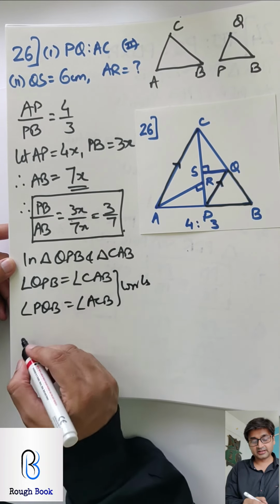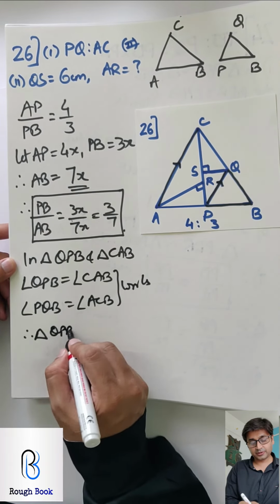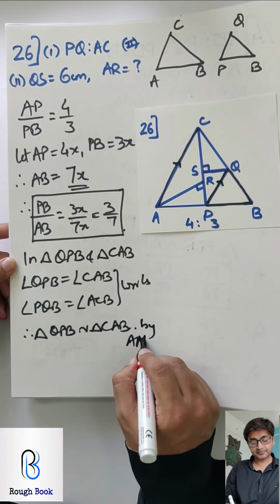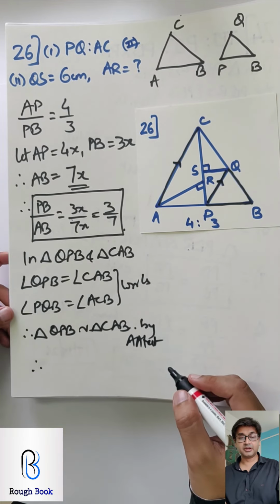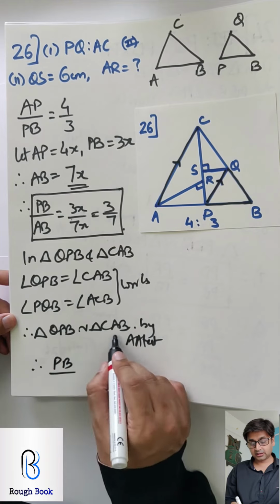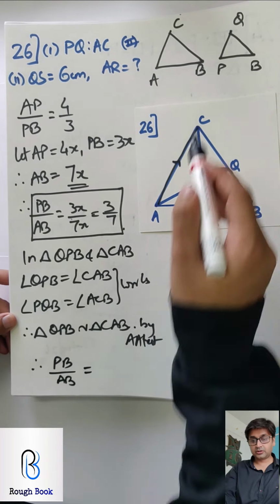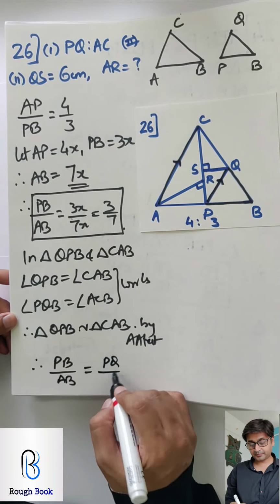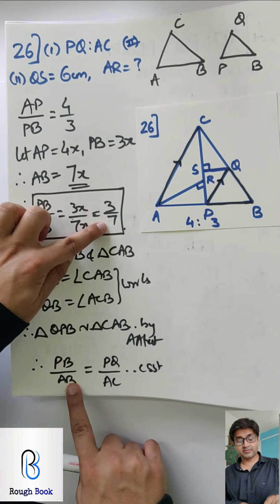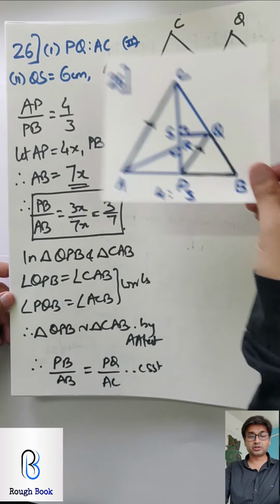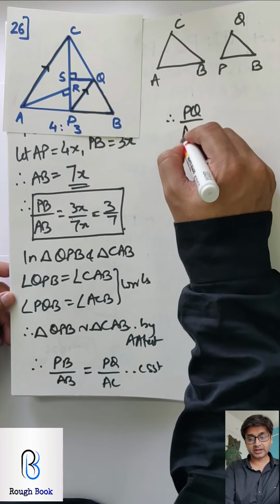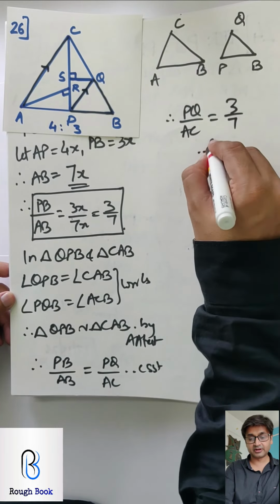Both are corresponding angles, and therefore triangle QPB similar to CAB by AA test. Once your triangles are similar, now you can say PB upon AB, second, third equals to PQ upon AC, CSST. PB upon AB already 3 by 7, so PQ by AC also now I can write straight away. So I'll say therefore PQ upon AC also is 3 by 7.